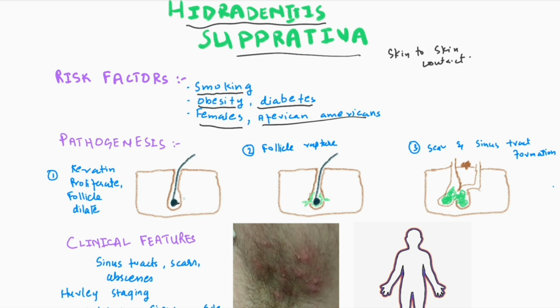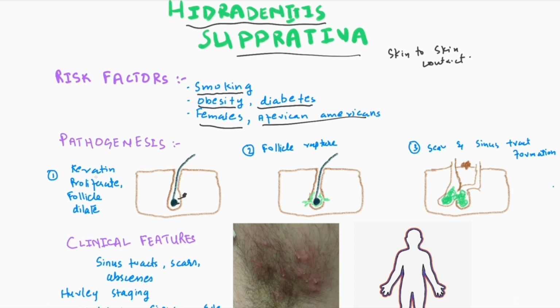And then the pilosebaceous unit also includes another gland called the sebaceous gland, which produces the oil in the skin. Like some patients have too much oil on their faces, so that oil is basically sebum, which is also secreted here. So this whole unit is called the pilosebaceous unit, and in hidradenitis suppurativa, this pilosebaceous unit is basically dysfunctional.